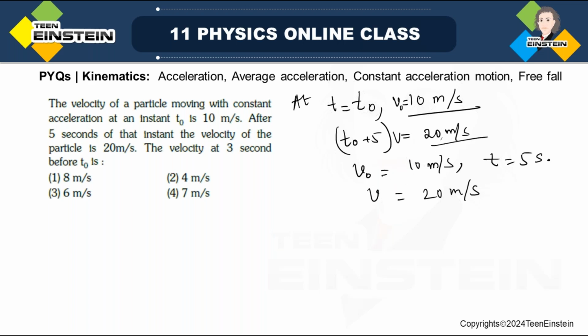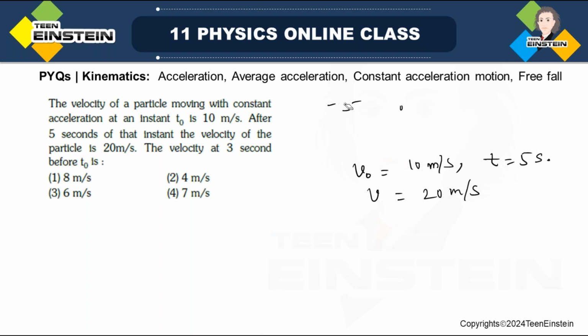Then by doing that, I can find out the acceleration of the particle. As the particle is moving with constant acceleration, I can get some value from here. See, look, I know v is equal to v0 plus at, since the particle is moving with constant acceleration.